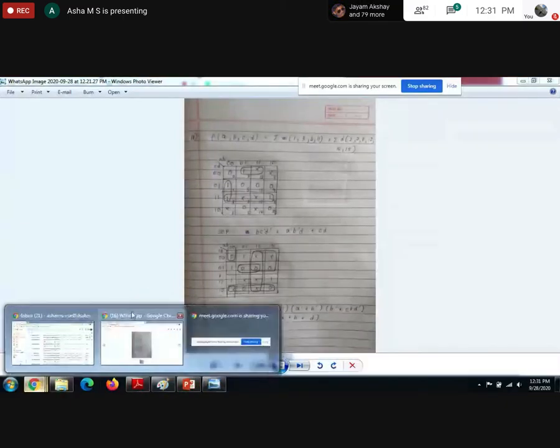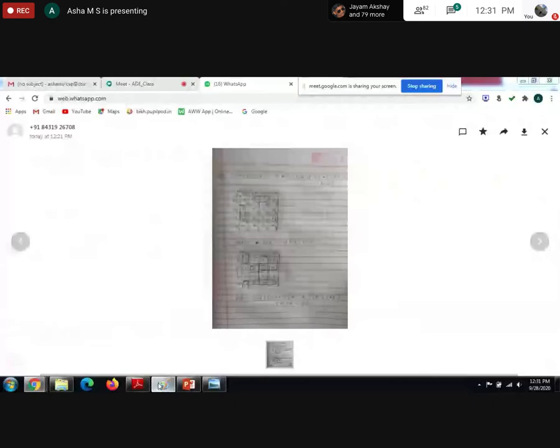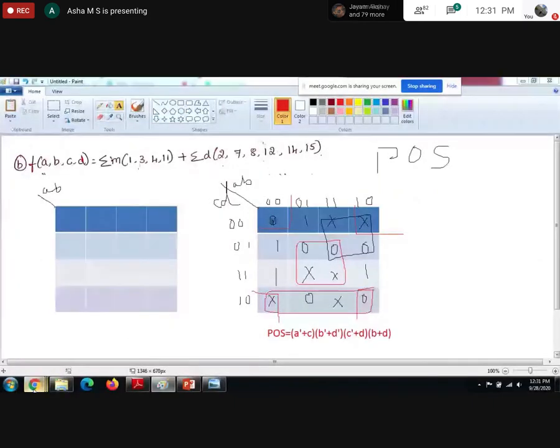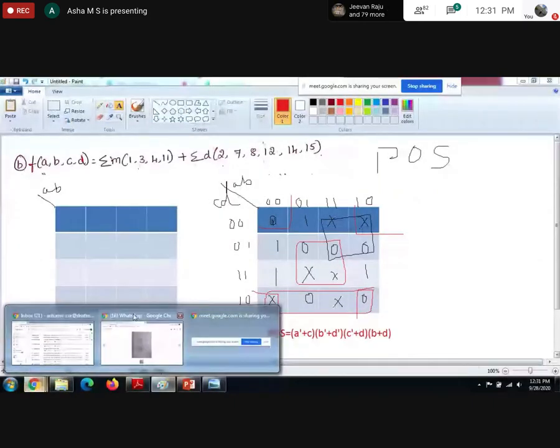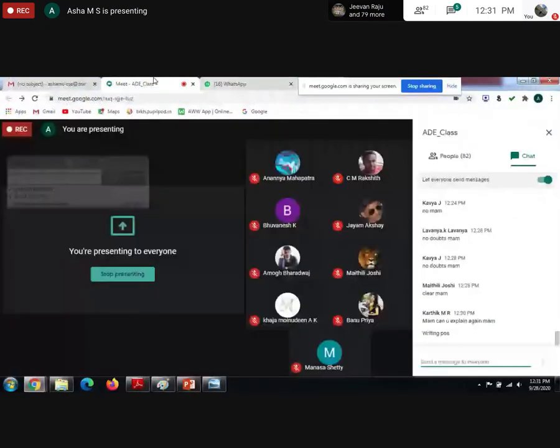Any doubts in this? Guys, any doubts? Writing POS. Okay, right. Ma'am, can you explain again, writing POS? Only the expression or the grouping, Karthik?